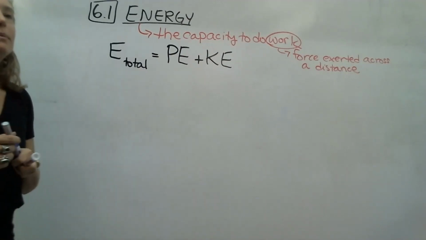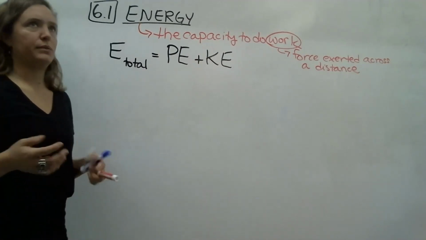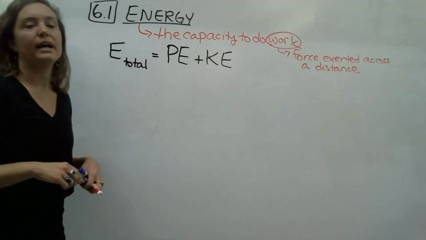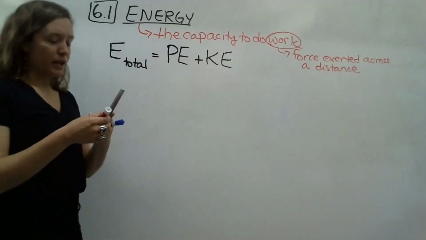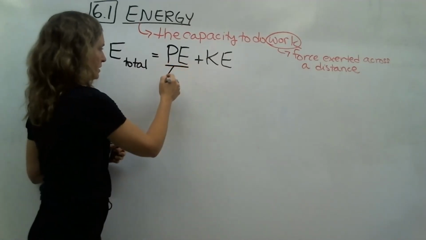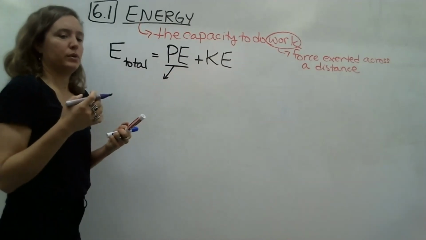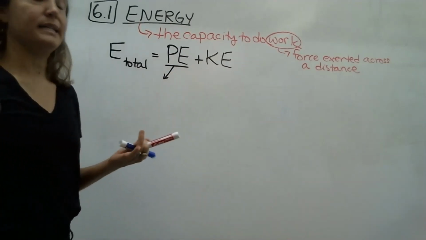But first we're going to talk about some more real world applications, real world thoughts that we can have about energy, potential and kinetic. So I'll start with potential energy, that's stored energy, stored up. For example, something like water behind a dam.